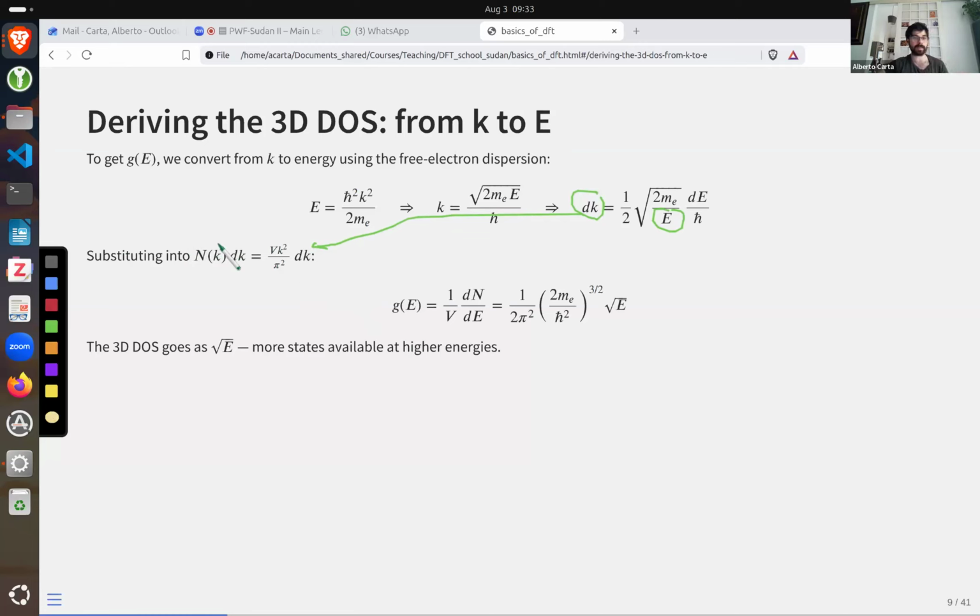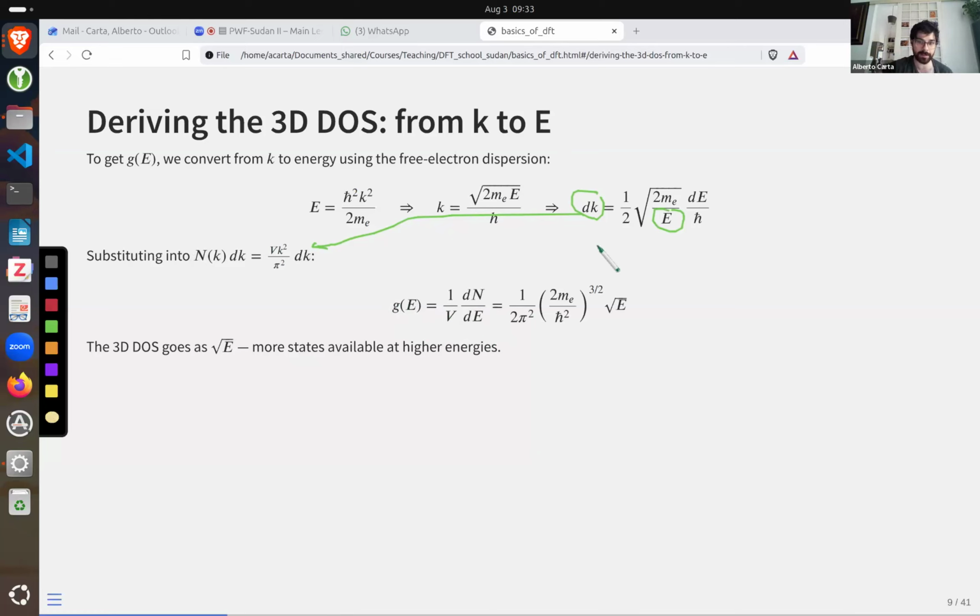So it's going to be the derivative of whatever I have here with respect to energy. This density of states that we generally indicate with g is, apart from a normalization factor of the volume, the number of states divided by the energy.